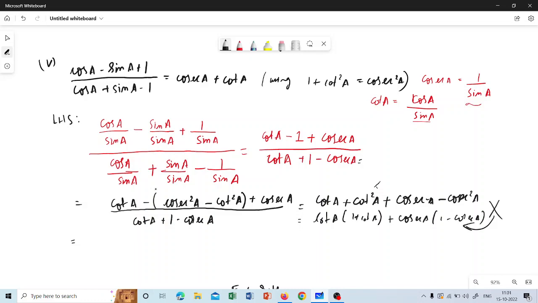So now if I write in that form, let me do a thing. I will take these two terms together, that is cot A plus cosecant of A, and the minus sign will be outside: cosecant of A minus cot A into cosecant of A plus cot A.